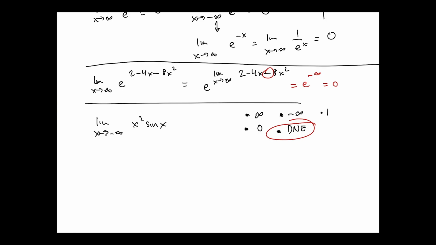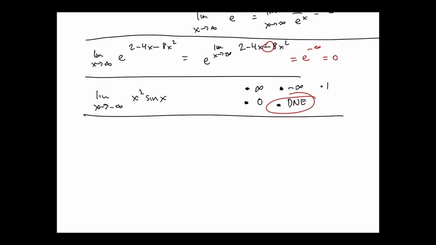Now for the next one, we get to apply the squeeze theorem. And let's think about why the squeeze theorem is applicable here, but it wasn't applicable in the last problem. Because those two functions do look a little bit alike, I would say, right? They both have a trig component.